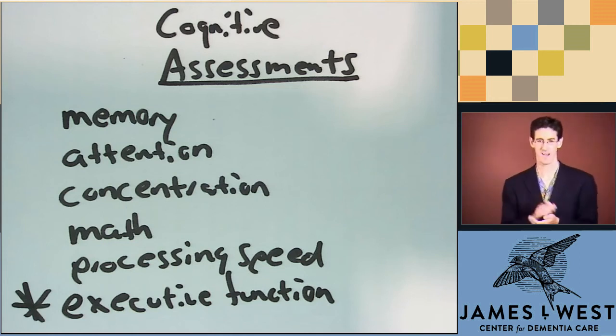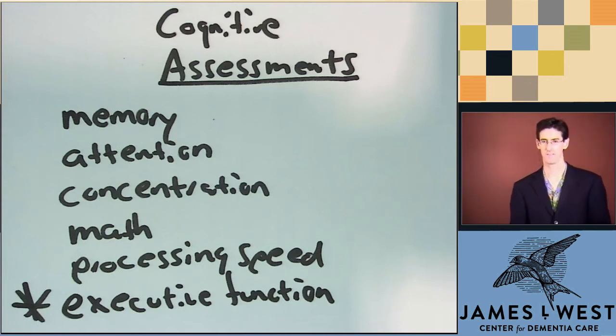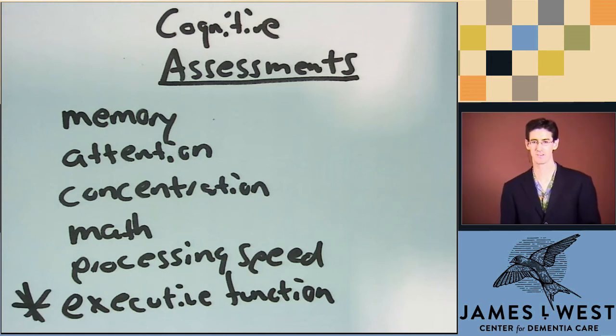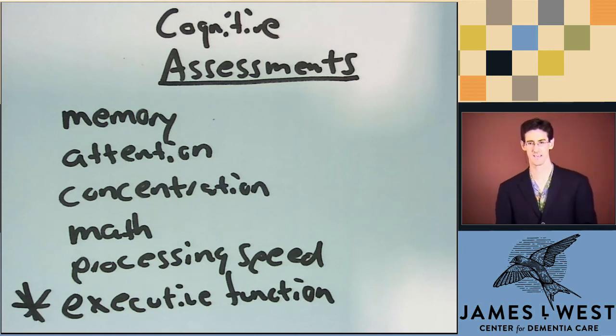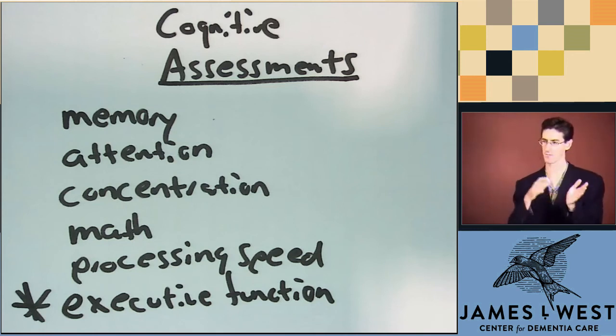And then I'll say, okay, now I want you to start from the number 1 and go till I say stop. And an executively impaired person might do something like 1A, 1B, 1C, or they might just say 1, 2, 3, 4, or they might say 1A, B, C, D. They can't alternate between sets.